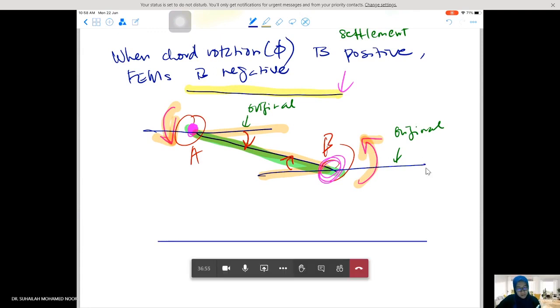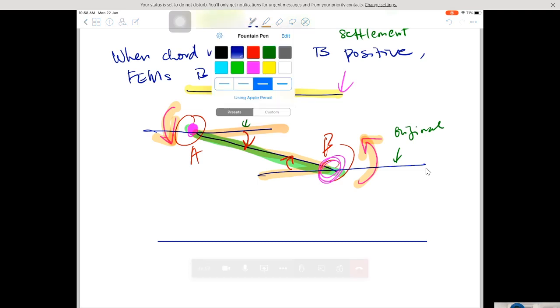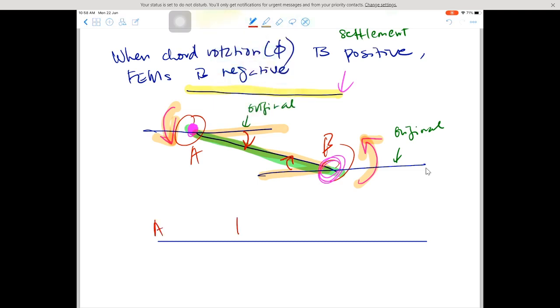Here is A, B, C and D. Okay, ignore all external loading. We now want to focus on support settlement, on delta only. B is settled here. So A and C remain the same.